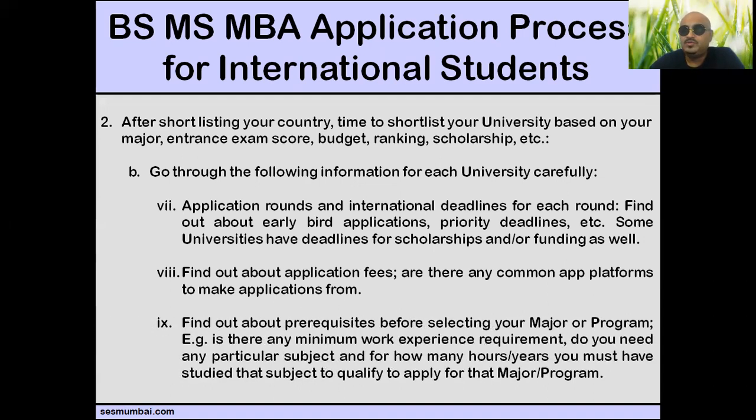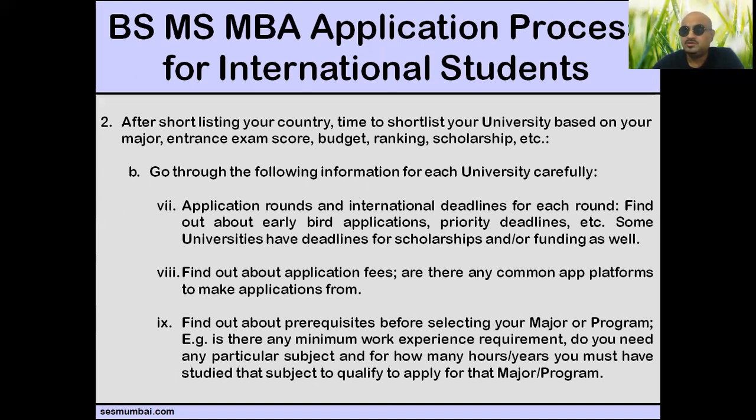Find out about prerequisites before selecting your major or program. What do you mean by prerequisites? It means find out about the minimum eligibility criteria to get into a master's computer science program or a bachelor's psychology program, or to do an MBA. So for example, is there a minimum work experience requirement?